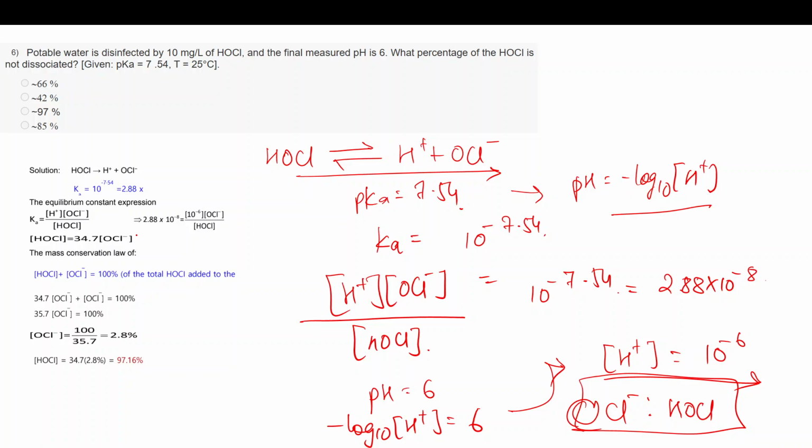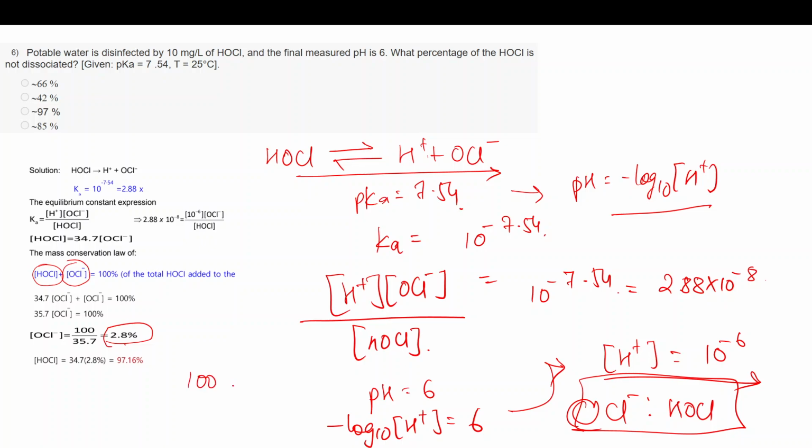Now if you talk about mass conservation for chlorine, it is contributed by the percentages of HOCl and OCl minus, which will give you 100%, right? Since you want it in terms of HOCl, you replace HOCl by this, so you will have the OCl minus percentage, and OCl minus is the dissociated percentage.